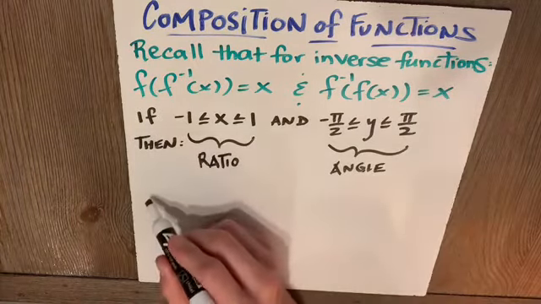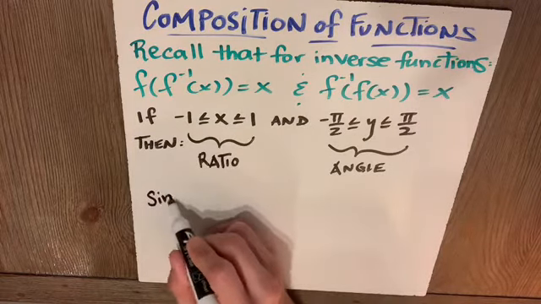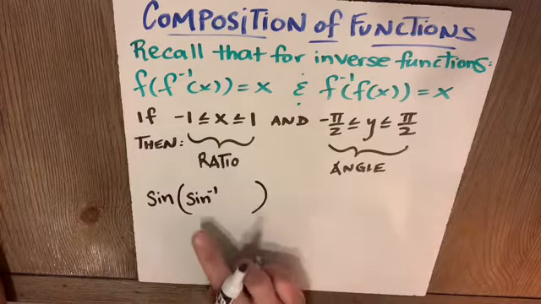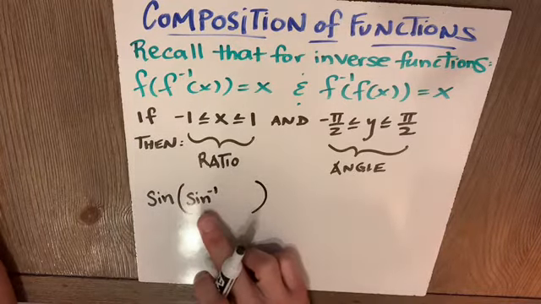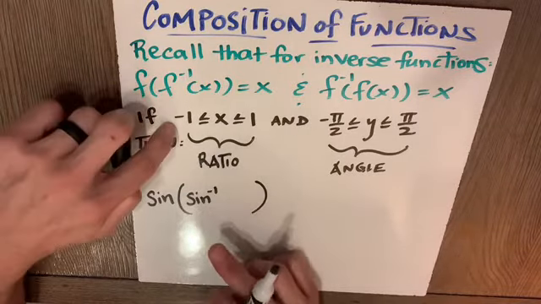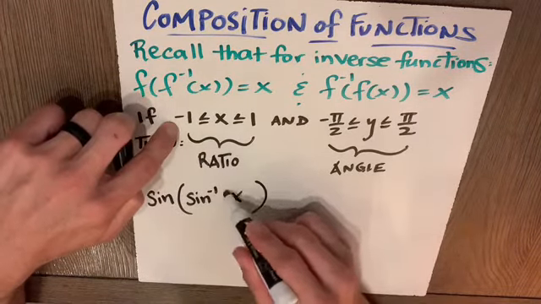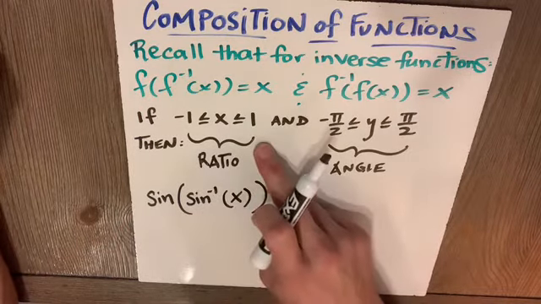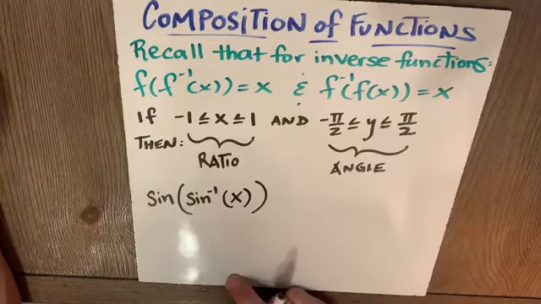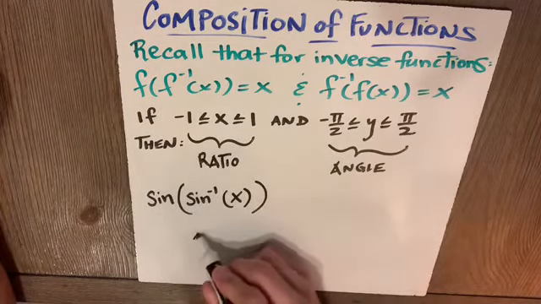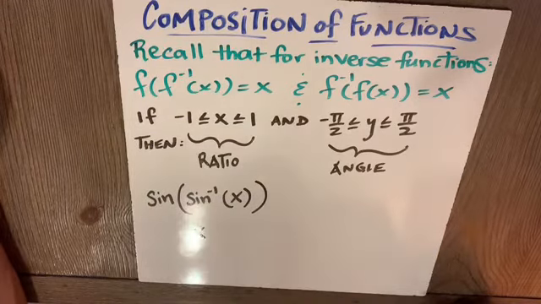One is that sine of inverse sine of x: when we see this inverse sine, we're trying to find the angle. So we take inverse sine of the ratio, and the ratio is x. Well, if this x is between -1 and 1, and the output is between -pi/2 and pi/2, then this will simplify simply to x.